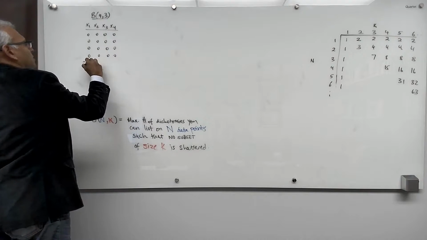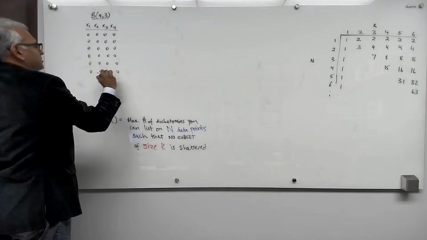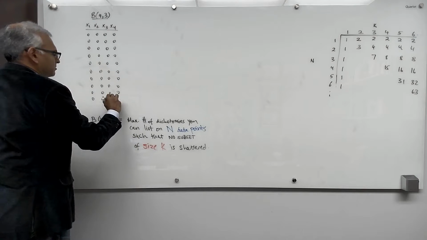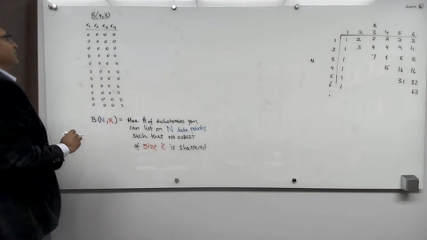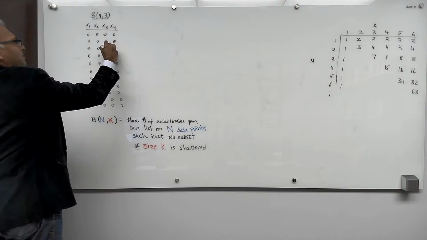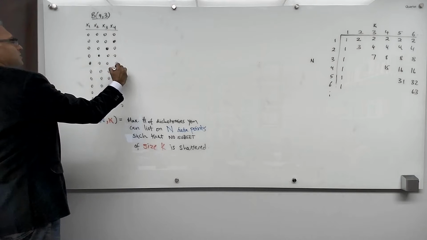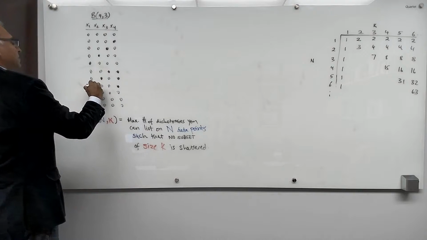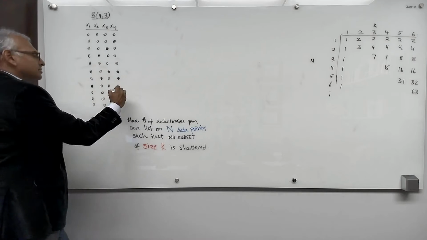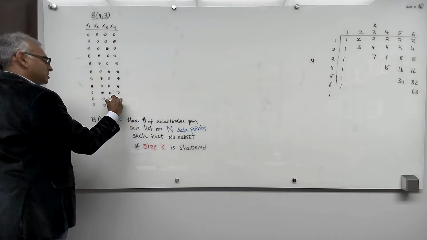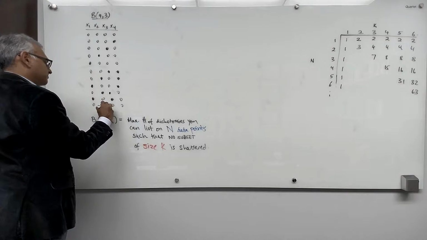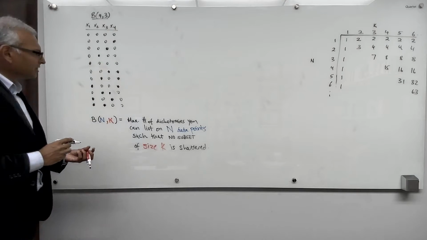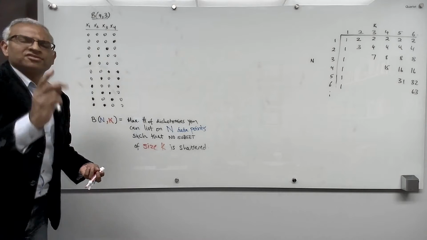I'm going to list out 11 dichotomies, listing them in a systematic way. I was very skillful here: I didn't list any dichotomy in which there are 3 pluses.